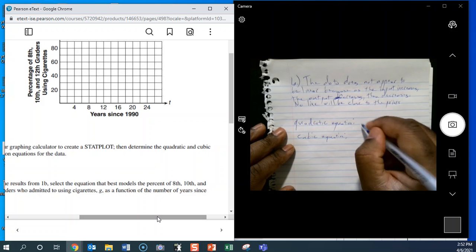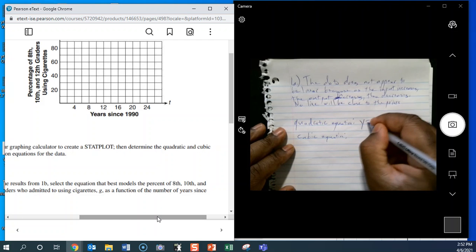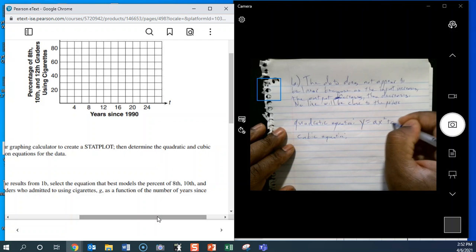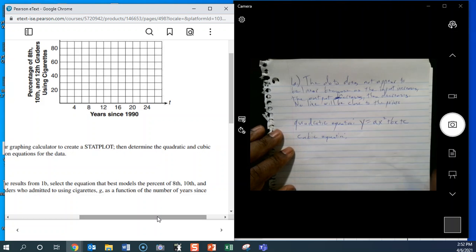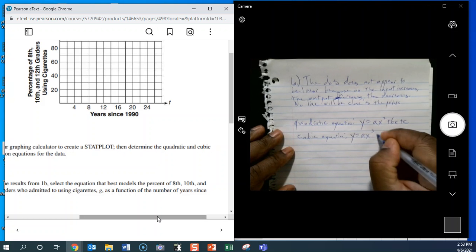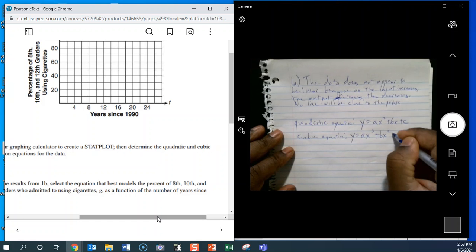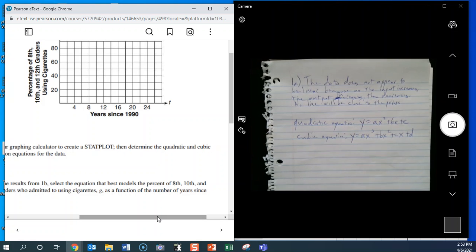The general form of the quadratic is y equals ax squared plus bx plus c. Cubic is y equals ax cubed plus bx squared plus cx plus d. Now it's very important that you have these equations in order to be able to do it in Desmos.